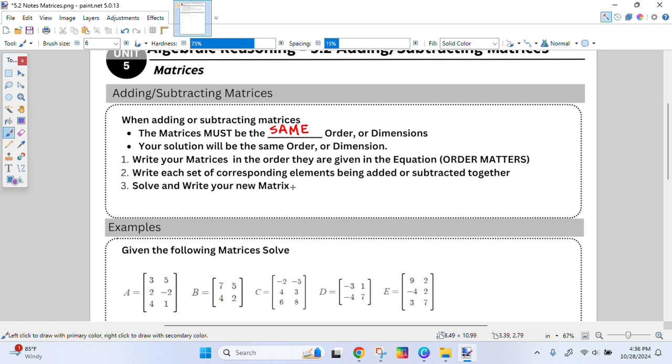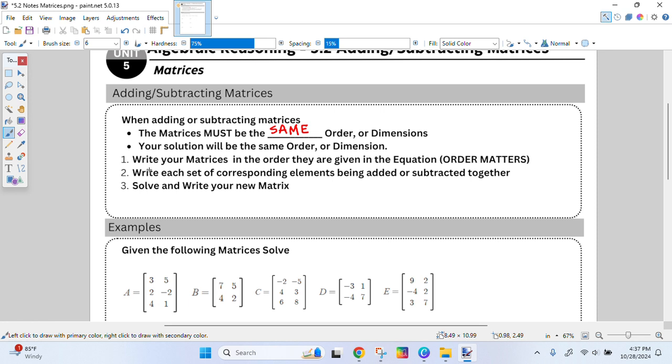Because of that, obviously if I'm adding a 2 by 2 with a 2 by 2, I'm going to end up with the same dimensions, a 2 by 2. When we do this, we want to start by writing our matrices in the order they're given to us in the equation, because the order matters, specifically with subtraction, where order 100% matters.